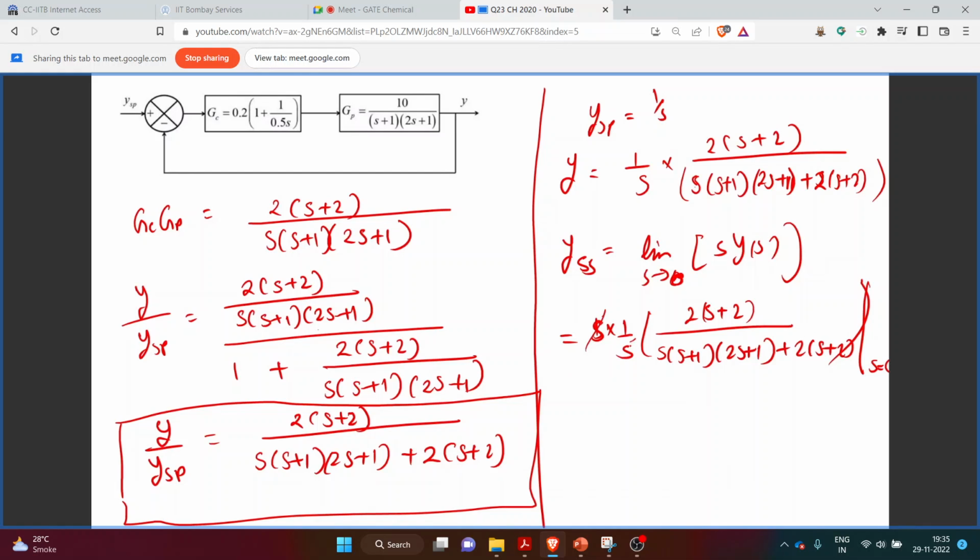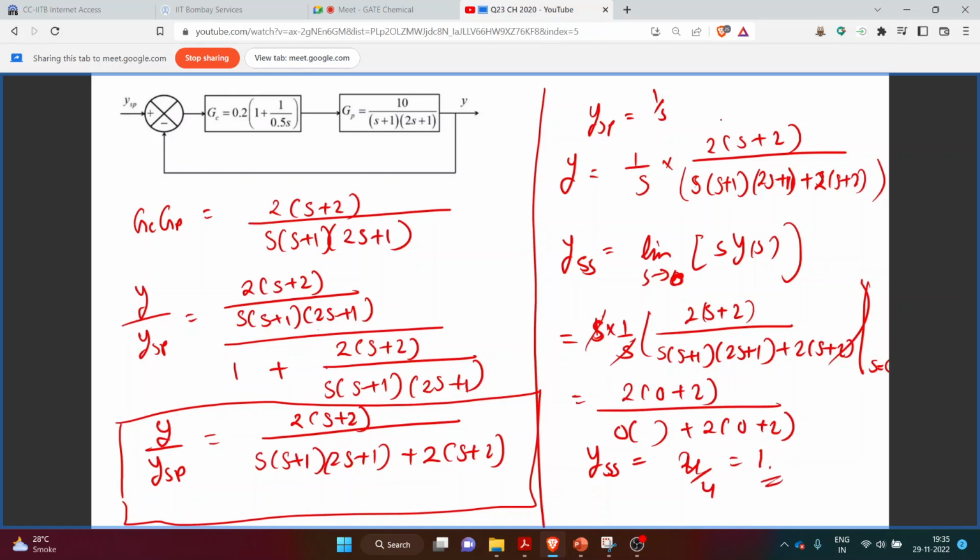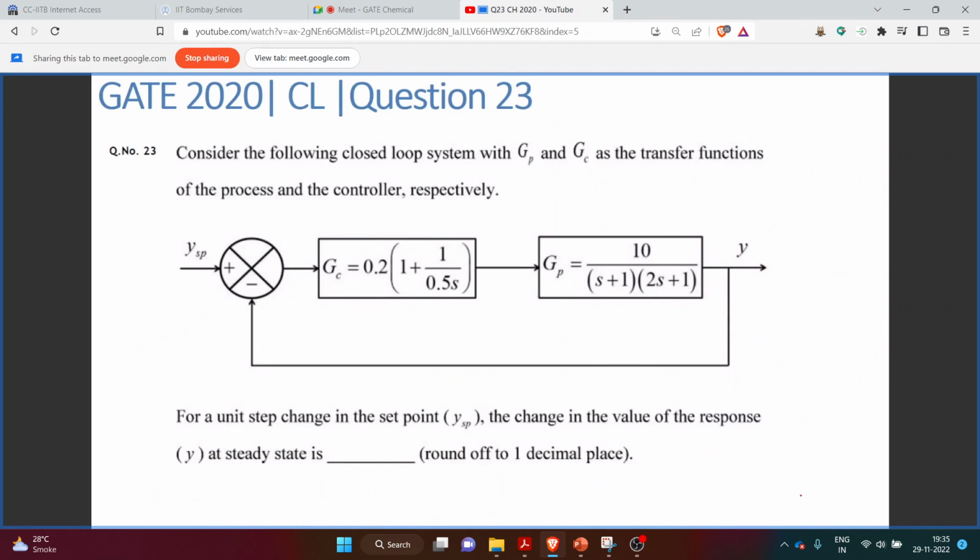So s will get cancelled out, and we get 0 plus 2 upon 0 plus 1 into 0 plus 1 plus 2 into 0 plus 2, that is YSS is 4 by 4 is equal to 1. So the ultimate value of the system will be 1 since we are providing the step input of unit magnitude. So the final answer, we can report that for a unit step change in the set point YSP, the change in the value of response at steady state, that is ultimate value, will be 1.